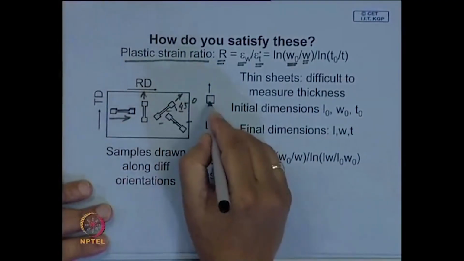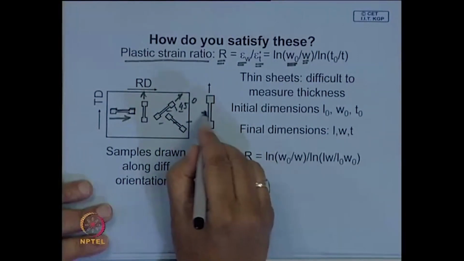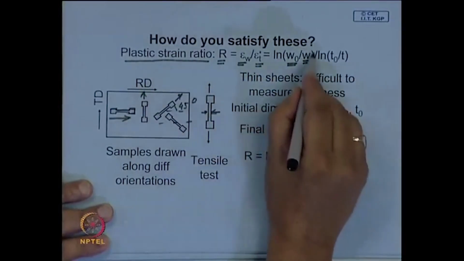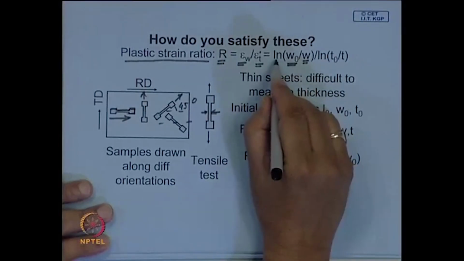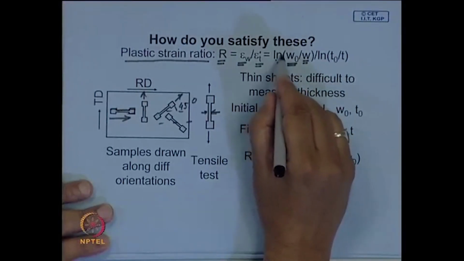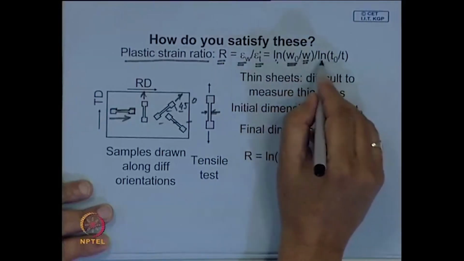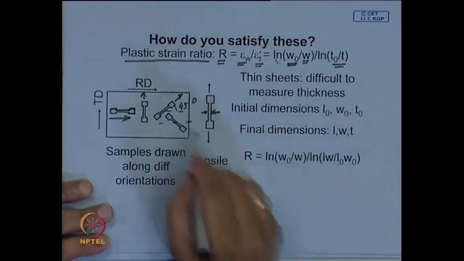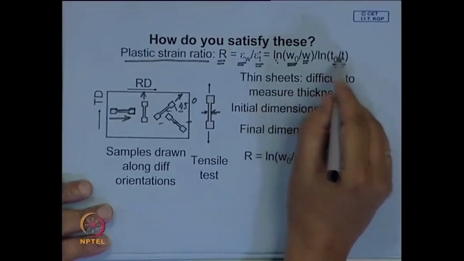And what you do? You do a tensile test. W is the width and T is the thickness, and when you measure this strain, you try to find the true strain, which is defined as log to the base e, natural logarithm of W naught over W. Similarly, this is strain along the thickness direction, and often it is a little difficult to find out. Often it is difficult to measure thickness.